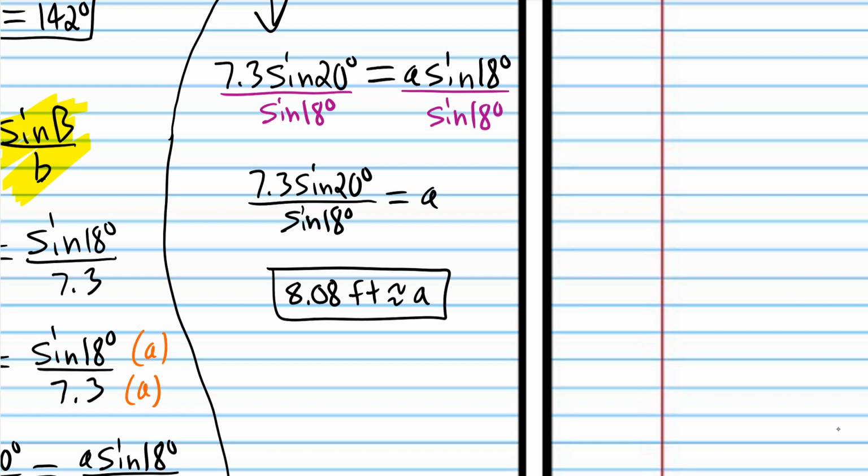If you're using an iPhone, you would enter into the calculator 7.3 times 20, then press the sine button, then equals, then divided by 18, then the sine button, then equals, and you should get the same thing.